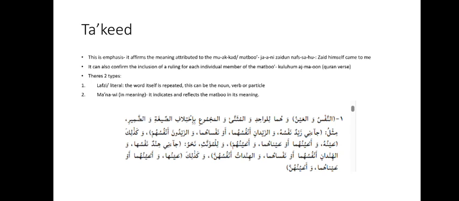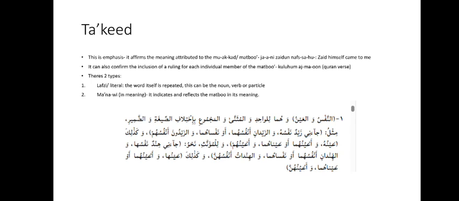And by adding the words kulluhum and ajma'un, it shows the attribute. The Quran verse was fasajjada al-malaikatu kulluhum ajma'un, so all of the angels prostrated. Sajada is the action being added to the angels, and by saying kulluhum and ajma'un, both used for extra emphasis, it shows that each individual angel, all of them, prostrated.